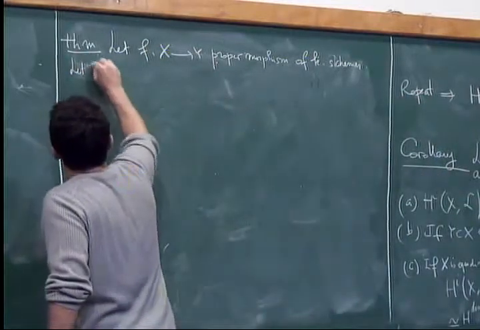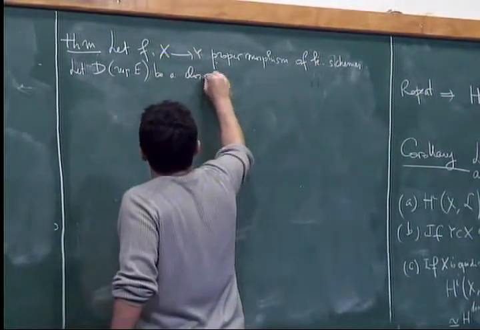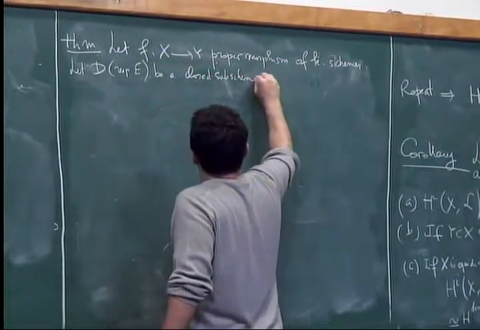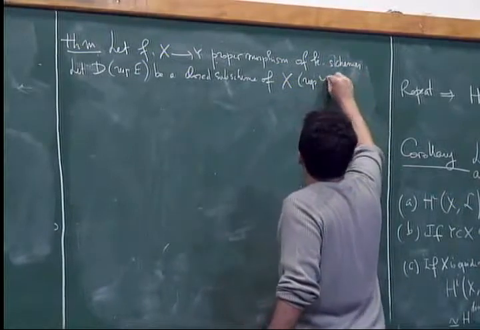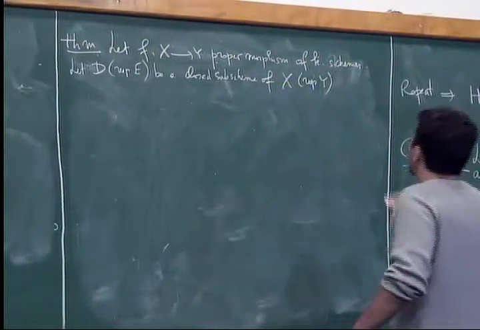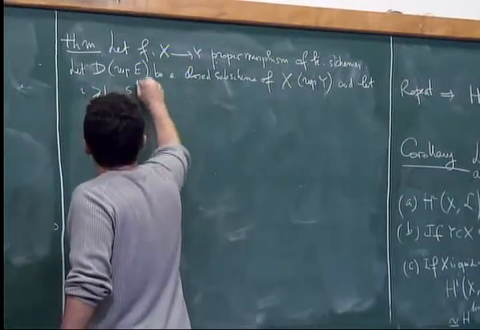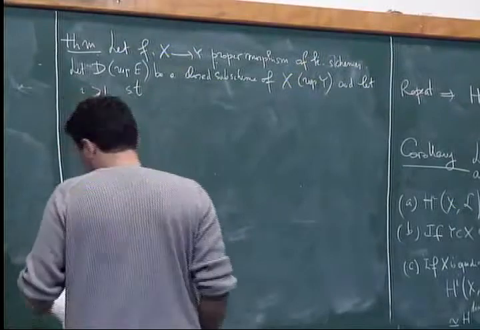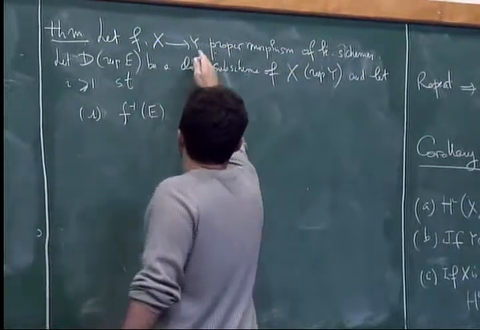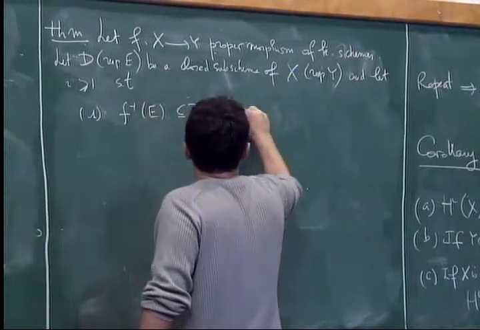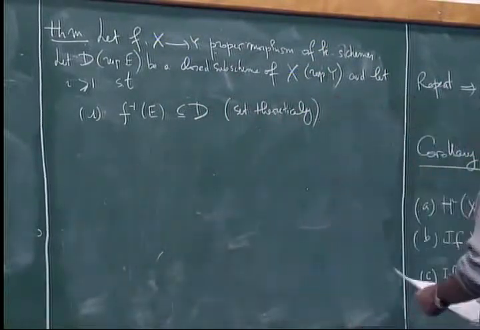Let D, respectively E, be a closed subscheme of X, respectively Y, and let i be at least one such that, first, the inverse image of E, so E is in Y, is contained in D. So this is set theoretically.